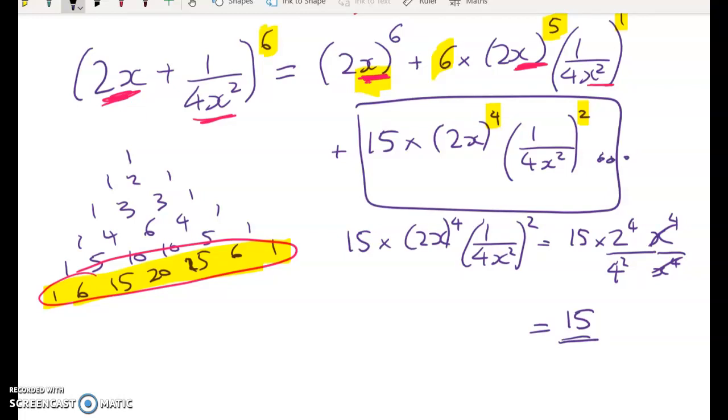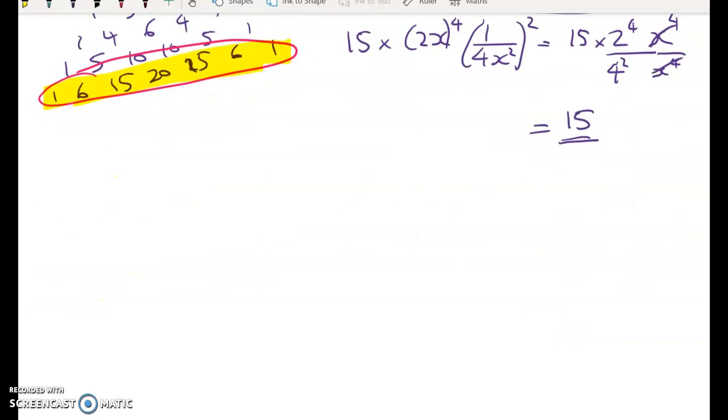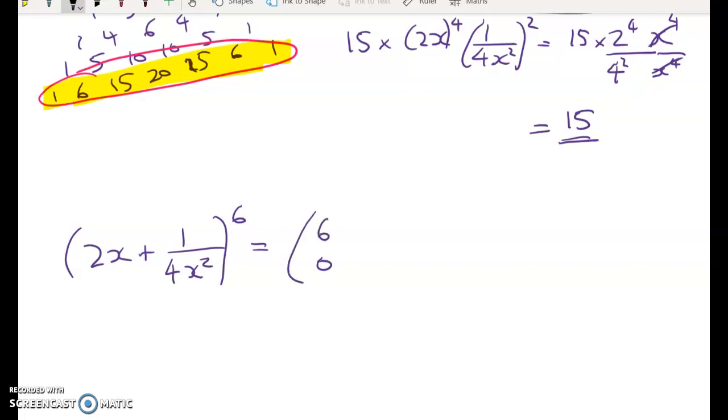The other way to do it, though, is to use the idea of a general term in a binomial expansion. So here we had (2x + 1/(4x²))^6, and that equaled 6C0 (2x)^(6-0) (1/(4x²))^0, and so on.